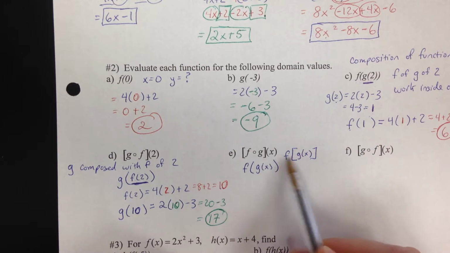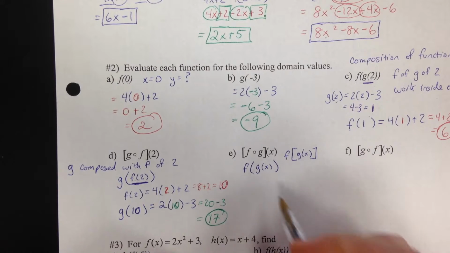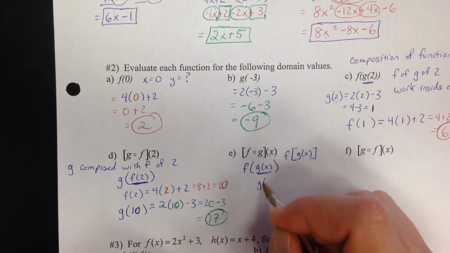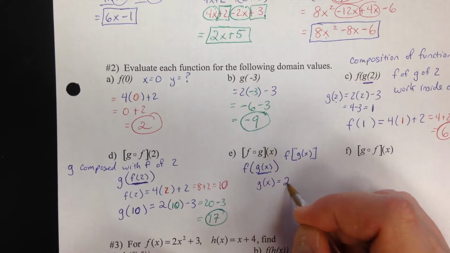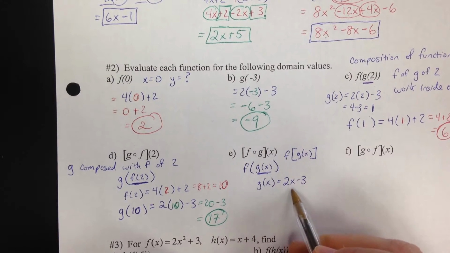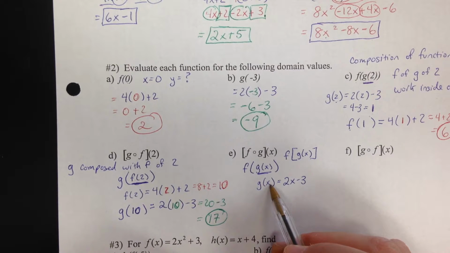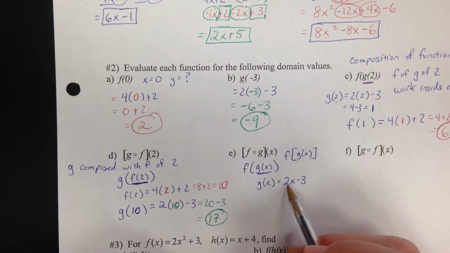So any of these all mean the same thing. Start with g of x. Now, they tell you that that function is equal to 2x minus 3. Now again, we're not substituting a number here. We're just substituting the variables, so nothing will change. This is 2 times x minus 3.